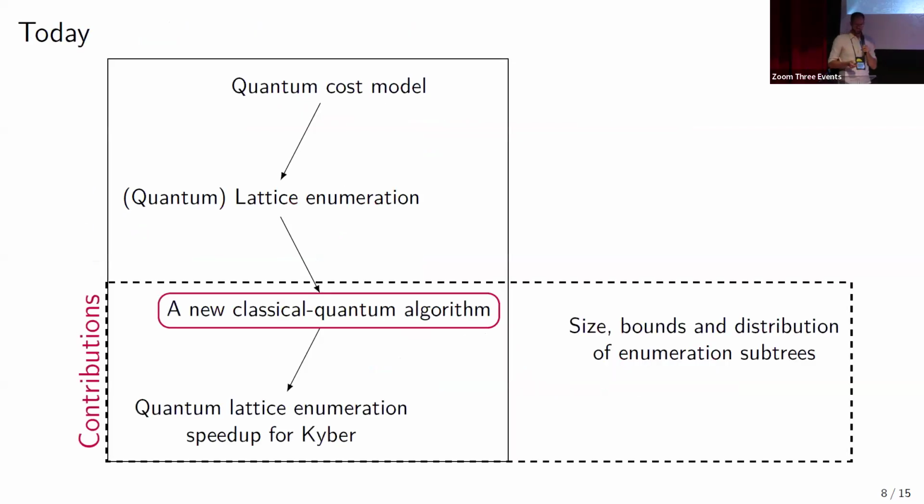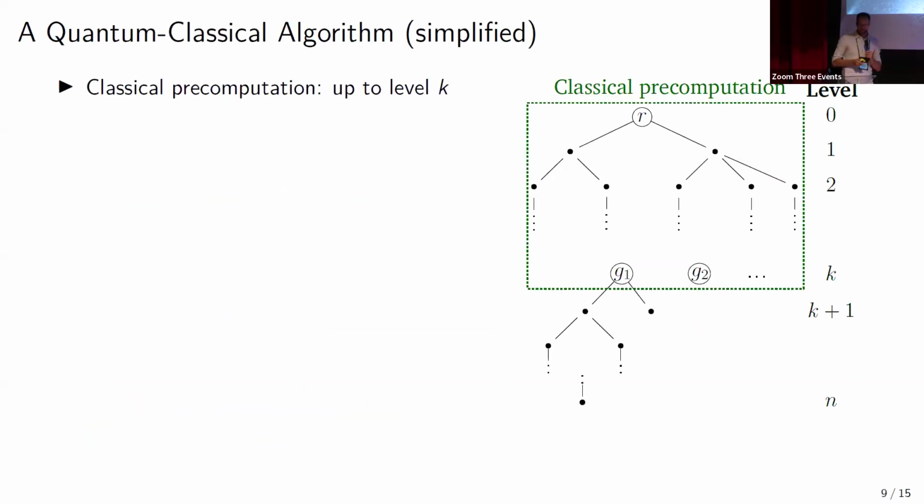Okay, so what do we do? Well, we need a new kind of classical quantum algorithm that somehow brings the depth down. What we do is a normal divide and conquer, which is also used in classical parallelization.